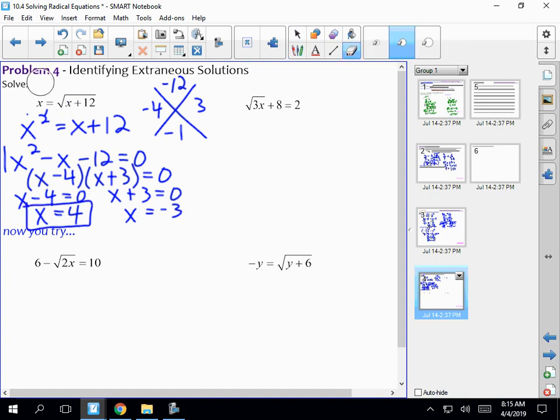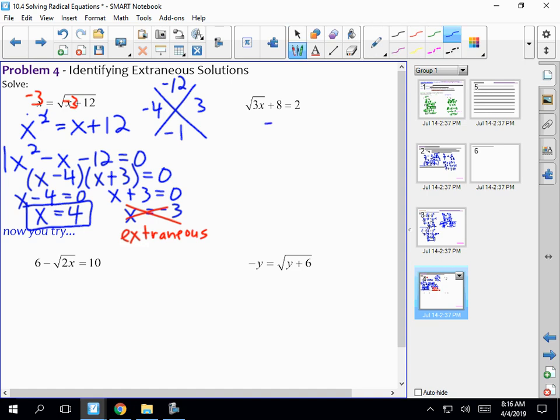And when we go to plug in the negative 3, something different happens here. Negative 3 plus 12 is 9. Square root of 9 is positive 3, and positive 3 does not equal negative 3, so we call that extraneous. And we'll just cross out that potential solution and only box x equals 4.